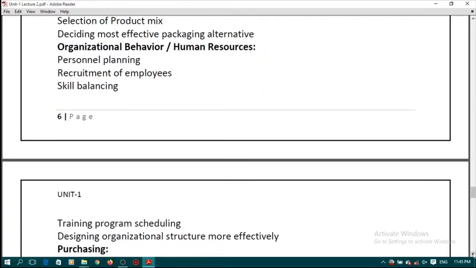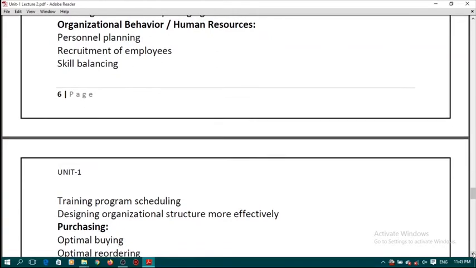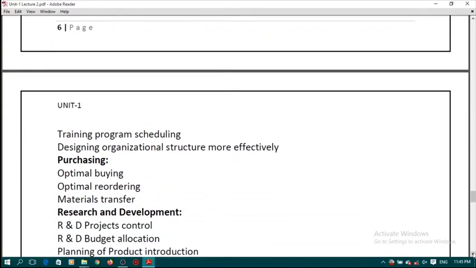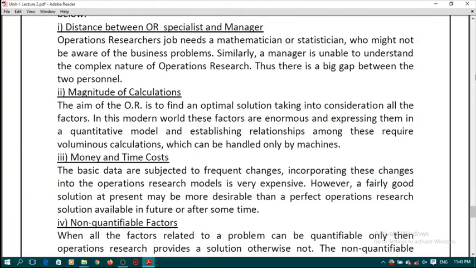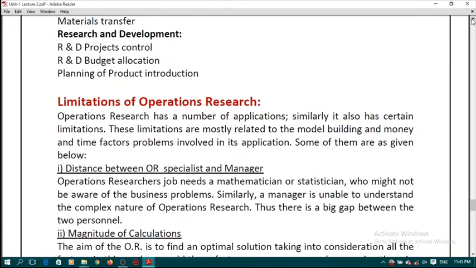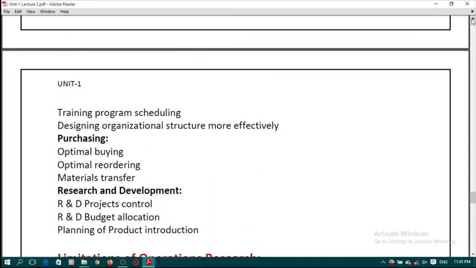So, personnel planning, recruitment of employees, skill balancing, training program scheduling, designing organizational structure more effectively. We need OR.